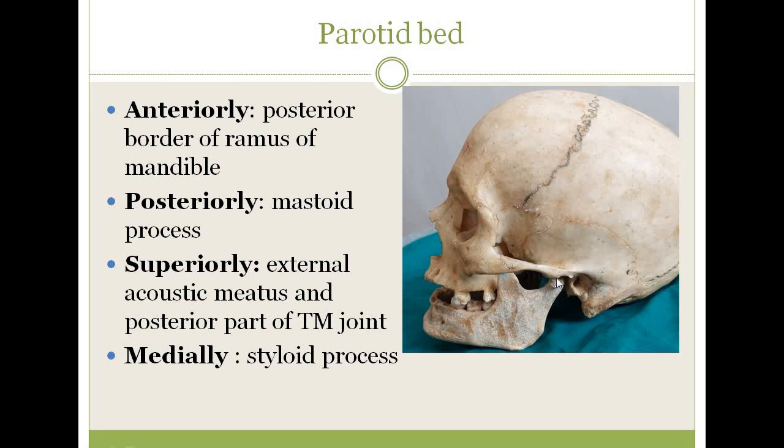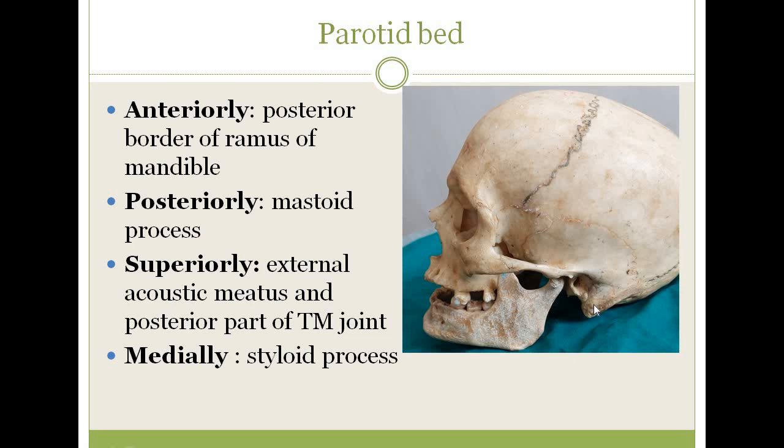Now this parotid bed, it is formed anteriorly, you can see here, by posterior border of ramus of mandible, posteriorly by the mastoid process, superiorly by the external acoustic meatus and posterior part of temporomandibular joint, and medially by the styloid process. Now all these structures have muscles attached to them, that is on the ramus of mandible there is medial pterygoid on medial surface and masseter on the lateral surface.